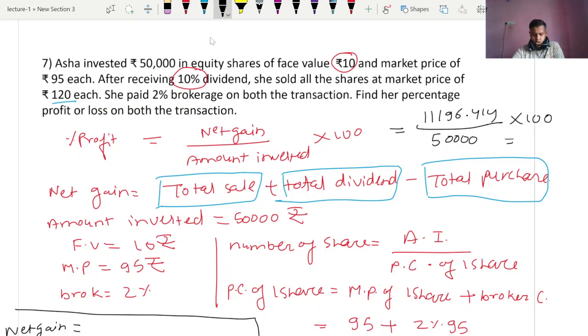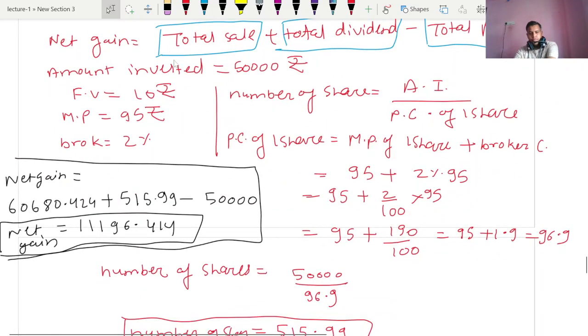So this will be 22.39%. So this is your profit. Okay. So in one question, we have revised all the topics of the shares. Okay. Fine. So let's move on to the next question.